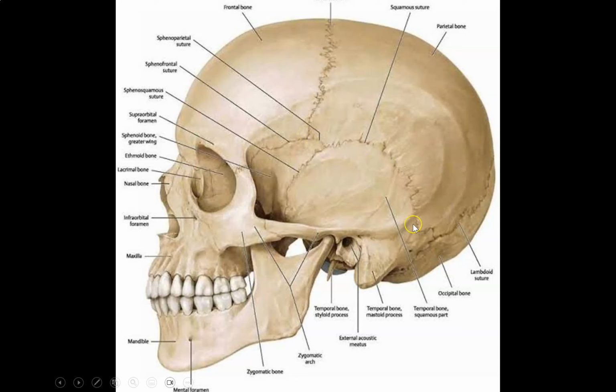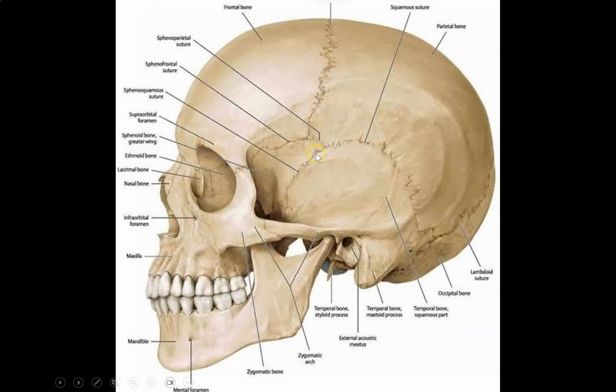And posteriorly we have the junction, or point of intersection, between three bones, which are the parietal bone, squamous temporal bone, and occipital bone, called the asterion.